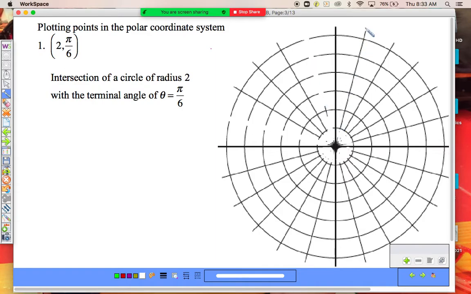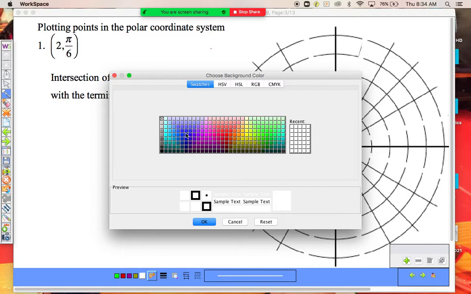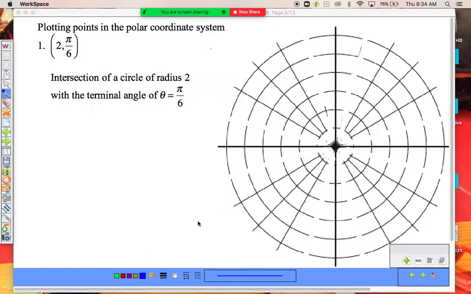We are going to use these later, but we'll just get rid of them for now. So this is what we have. What we're going to do is find the angle pi over 6, and then go out to the second circle.